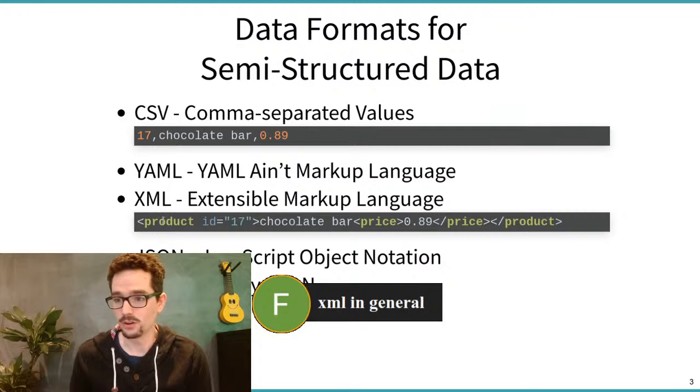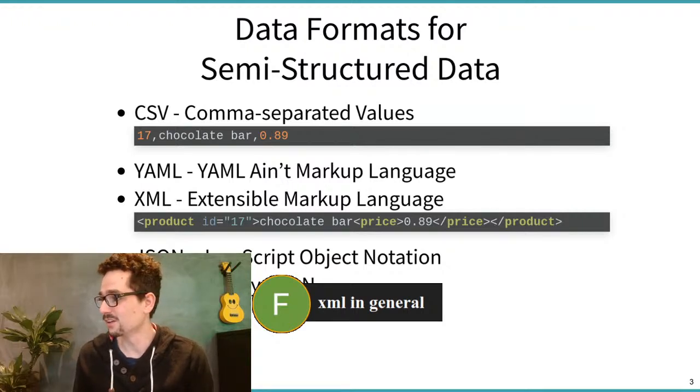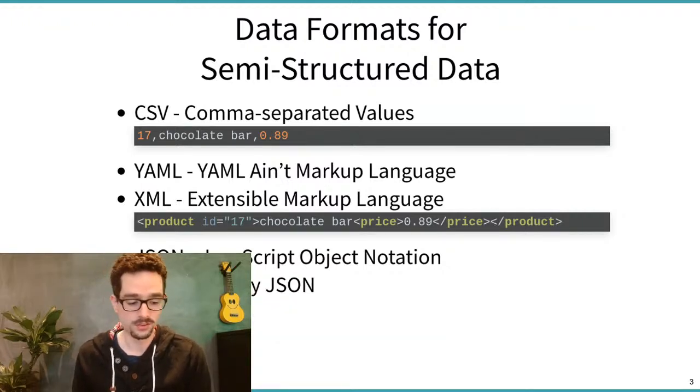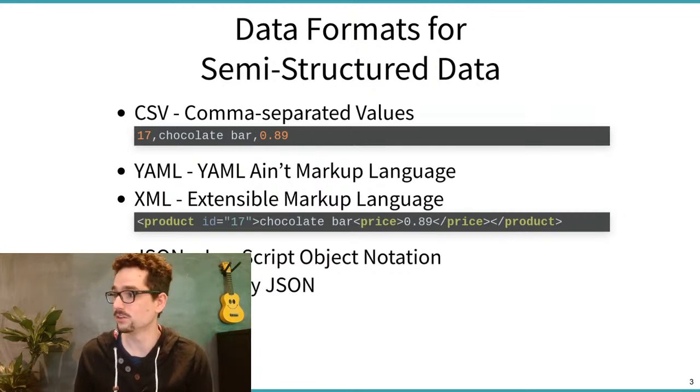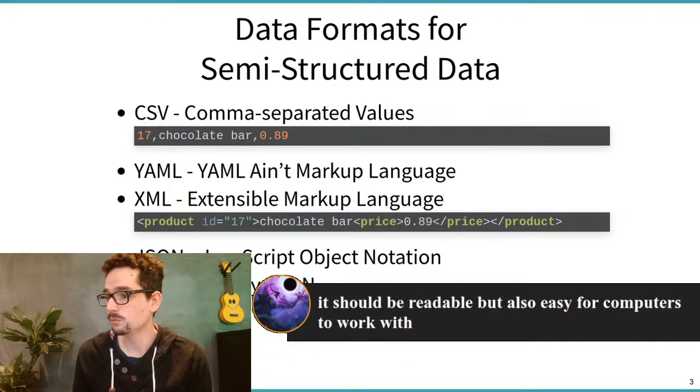But yes, you have a lot of redundancy here. Here you have to say product when you open that element. Here you have to write product to close it again, and so on. And JSON is much simpler. So it's absolutely true that this is a benefit of JSON, to have much simpler notations there. It should be readable, but also easy for computers to work with.